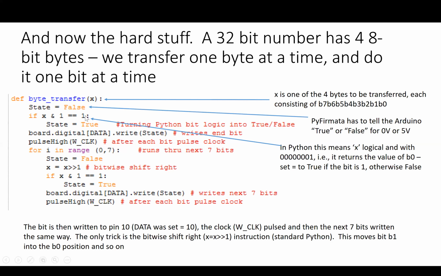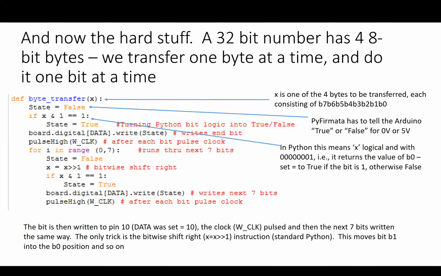However, if it is not equal to 1, then state is left equal to false. What have I done? I've translated the 1 or 0 value of the least significant bit into true or false. And then I do board.digitalWrite, data was the data pin number, I think it was pin 10, .write state, so it's going to send a true or a false depending on what the value of this bit is.